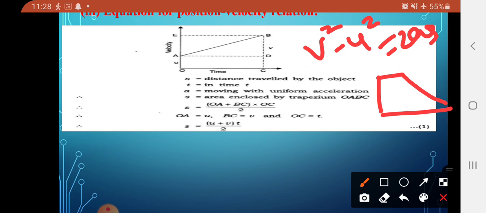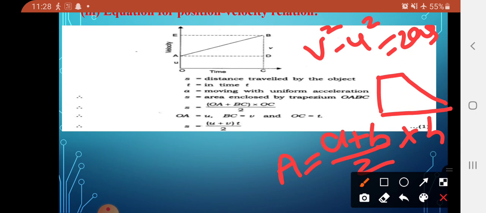A trapezium is another form of quadrilateral, but here the two parallel sides are different in length. The area of a trapezium is the sum of the parallel sides into height divided by 2, that is, A plus B divided by 2 into height.